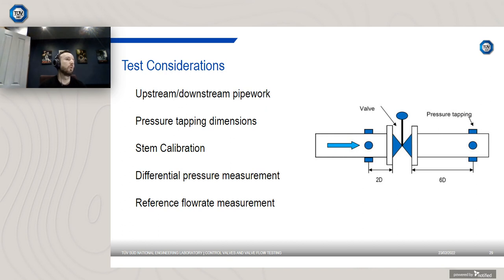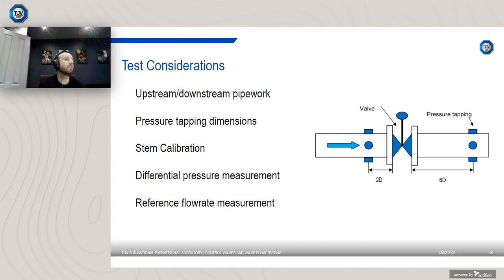You don't want to install pipework that has a massively different internal bore versus the valve's bore. You want a nice match between the valve and the pipework because that will give you a smooth flow profile going into the valve. If you have big steps in the bore, it can result in a larger pressure drop than you would normally attribute just to the valve.